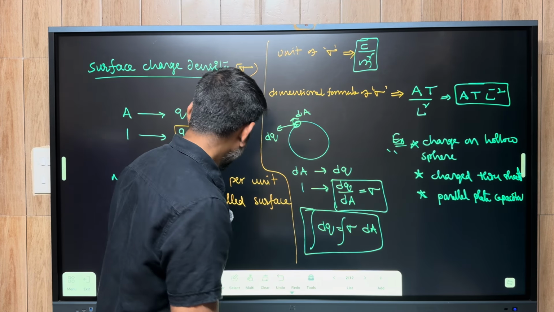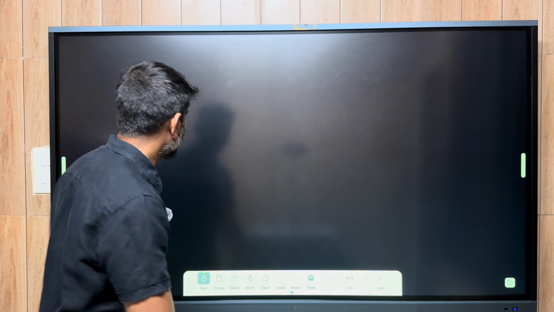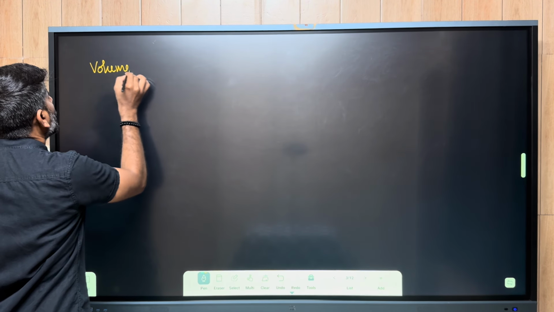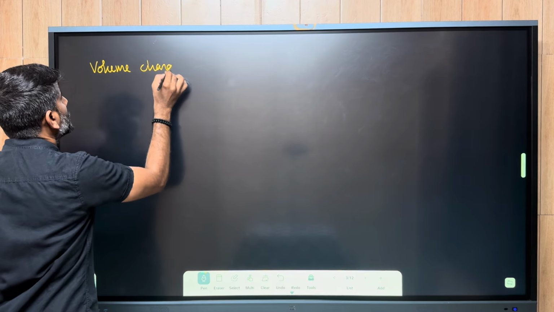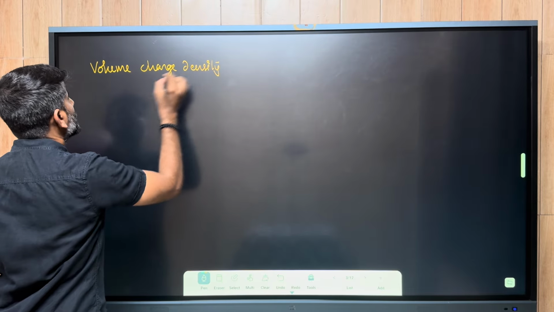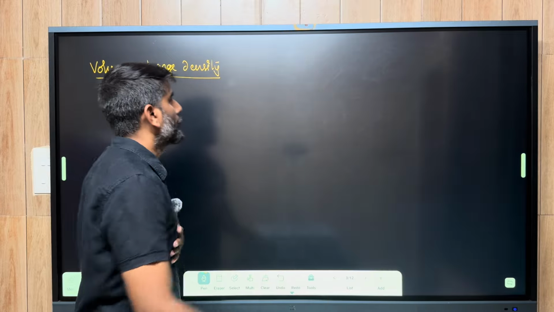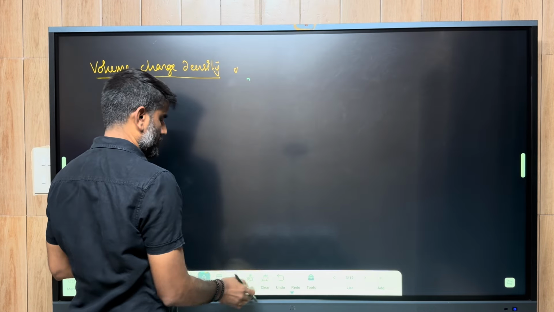Now let's move on to the next type of charge density, which is volume charge density. It is usually represented with rho.